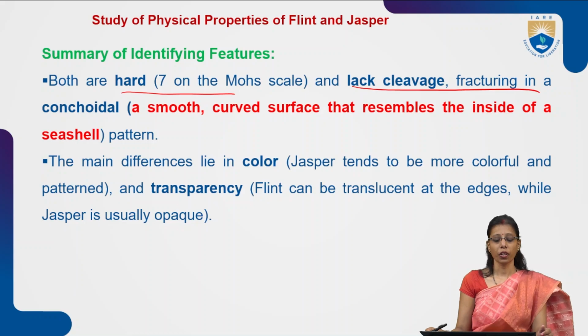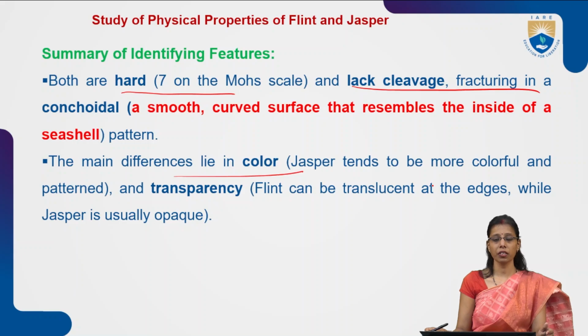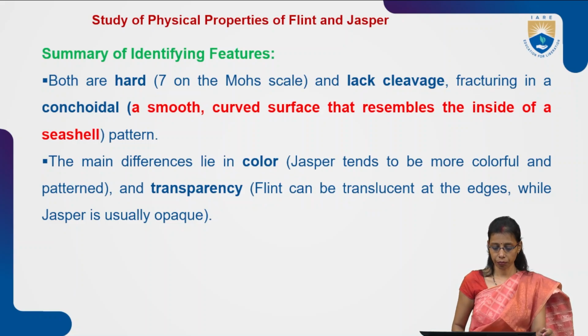It has a smooth curved surface that resembles the inside of a seashell. The main differences lie in color, where jasper tends to be colorful and patterned, and in transparency. Flint can be translucent at the edges, while jasper is usually opaque.